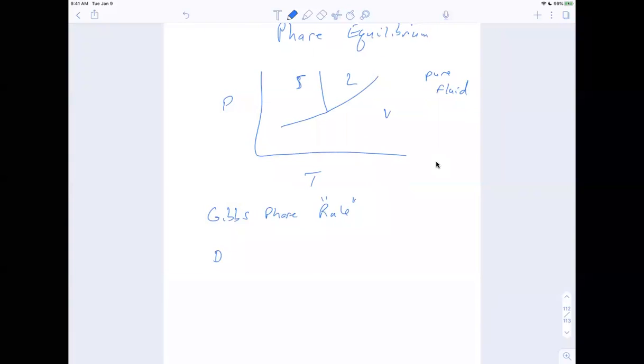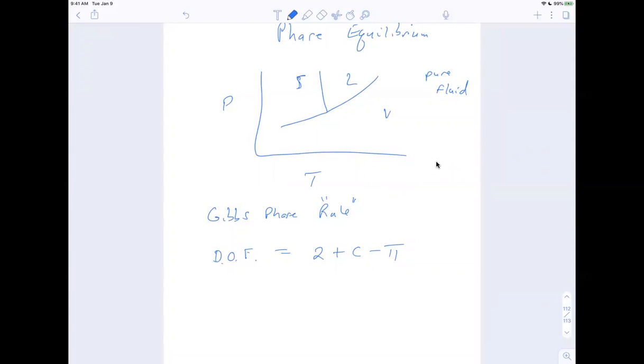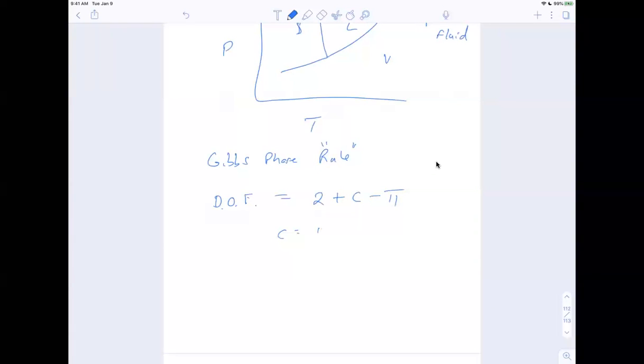And it told us that the degrees of freedom that we are allowed to vary independently for a system is 2 plus C minus pi, where C is the number of components and pi is the number of phases. So C equals the number of unique, independent, or distinguishable chemical species, and pi is the number of phases.